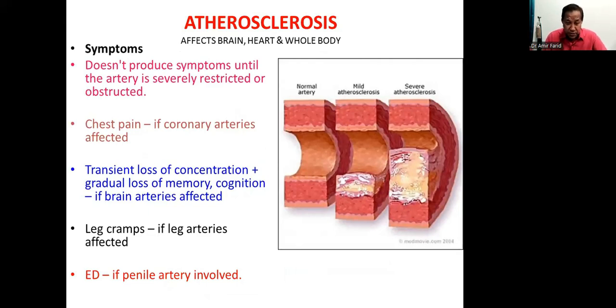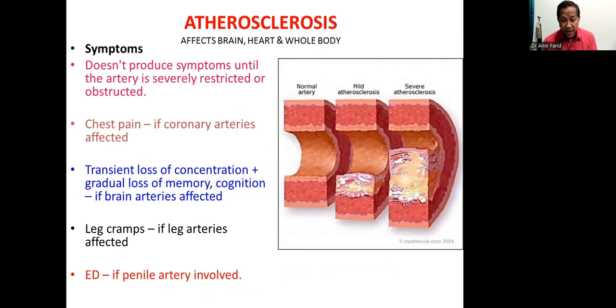So atherosclerosis affects the whole body, but our main concern is the brain and the heart. In the heart, it may cause angina and then heart attacks. In the brain, it can accelerate dementia, and then you may have stroke. So what are the symptoms of atherosclerosis? It doesn't produce symptoms until the artery is severely restricted or obstructed.